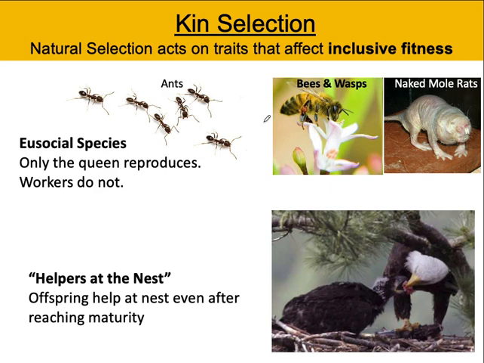There have been interesting studies looking at the relationship between altruism or certain kinds of behaviors and the degree to which two individuals are related. It turns out the more closely related individuals are, the more altruistic they tend to be. And that aligns with the predictions of kin selection.